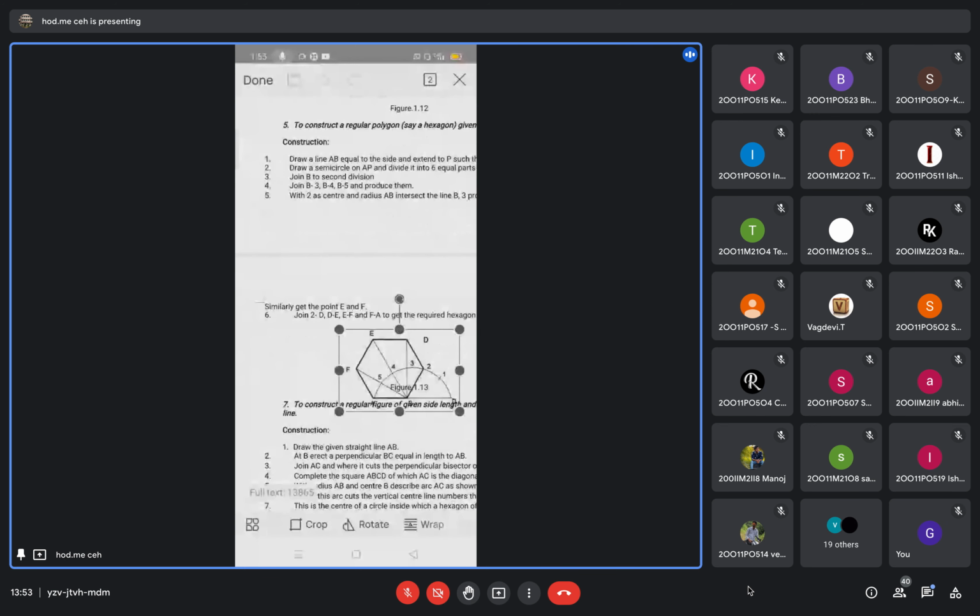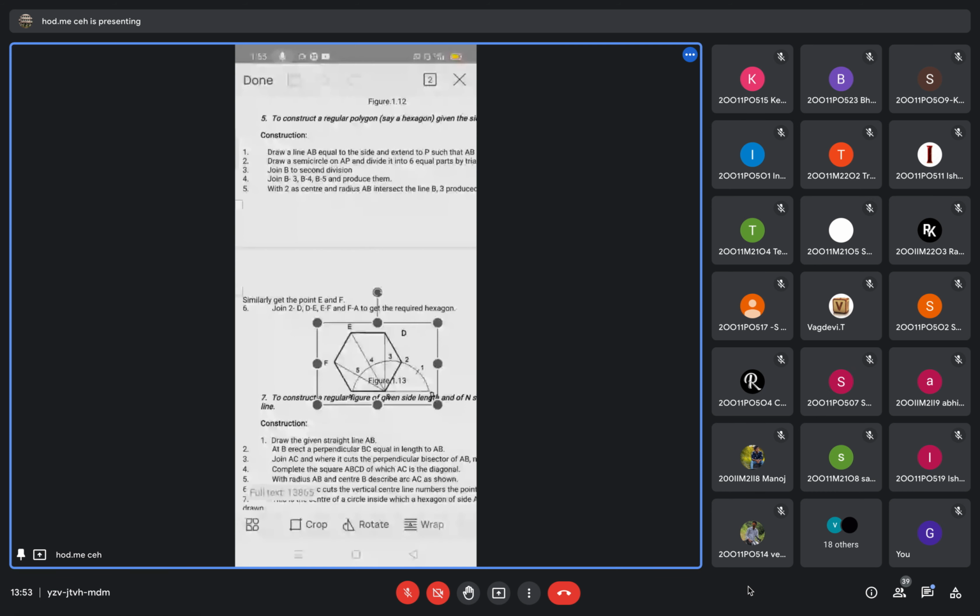Similarly get the points E and F. Join 2D, DE, EF and FA. Point A is obtained, and this is the required hexagon.